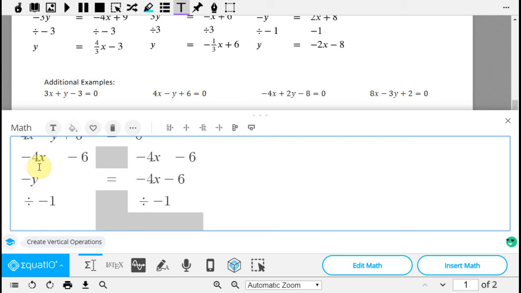That leaves us with 1y on the left-hand side equals, now we need to divide each of these terms by a negative. Negative 4 divided by negative 1, same sign, positive 4x. And negative 6 divided by negative 1, same sign, positive 6. And that's our equation in slope y-intercept form.